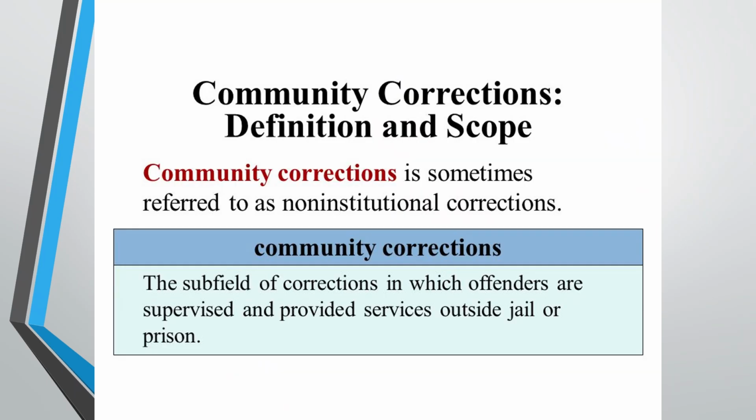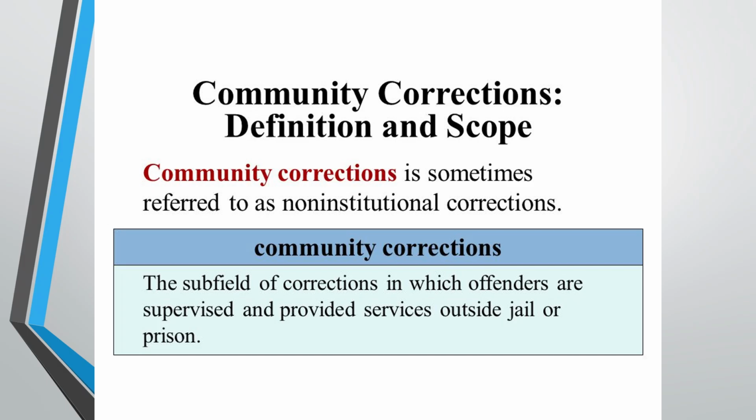Community corrections, definition and scope. Community corrections is sometimes referred to as non-institutional corrections. It is a subfield of corrections in which offenders are supervised and provided services outside jail or prison. So a lot of times when we talk about corrections, people kind of associate corrections with jail or with prison, but it goes far beyond that.